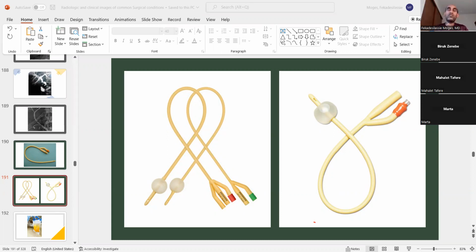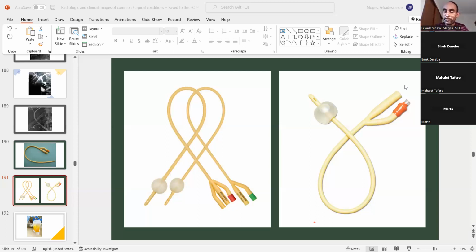All right. So you put a suprapubic catheter. One goes through the penile urethra into the bladder, and the other 2-way catheter will be introduced transvesically, in the form of a suprapubic catheter. So through the suprapubic catheter, you connect the irrigation.